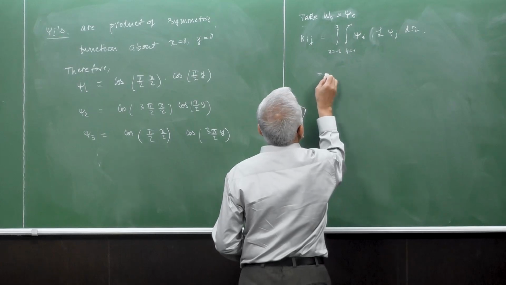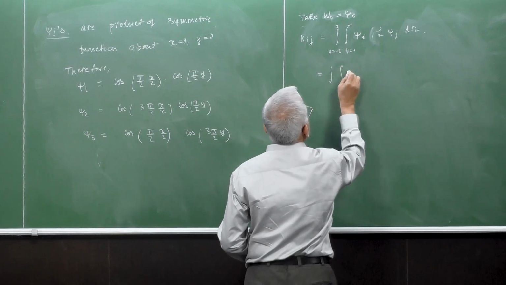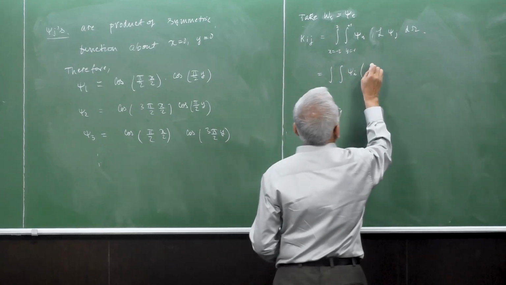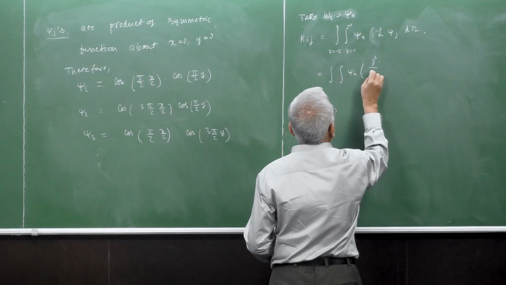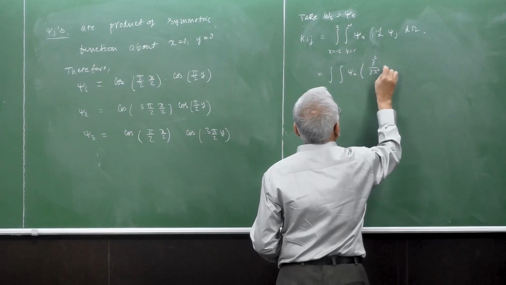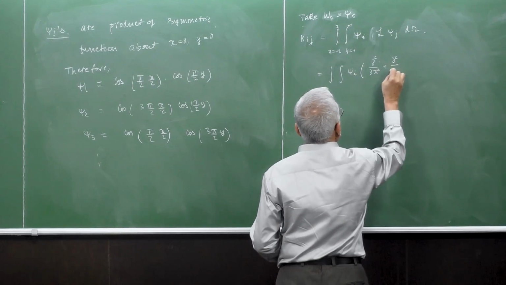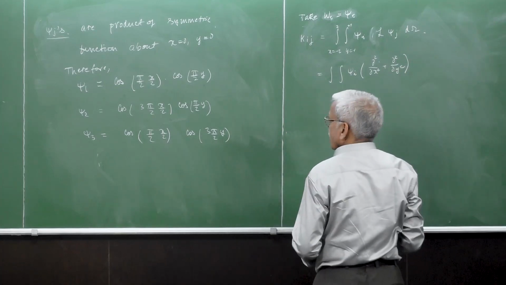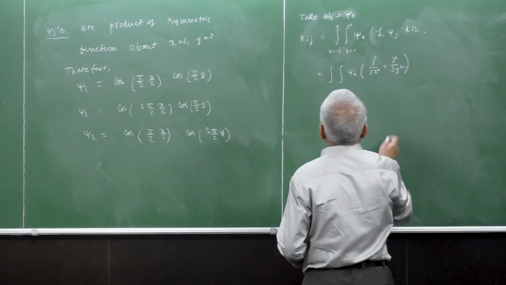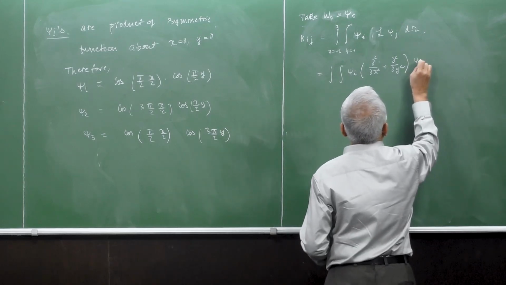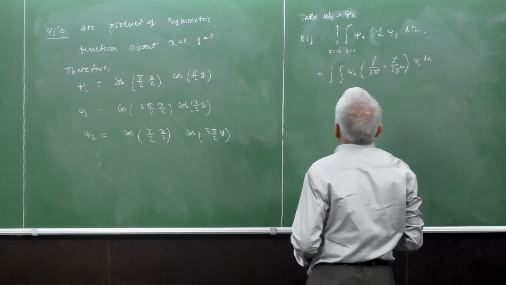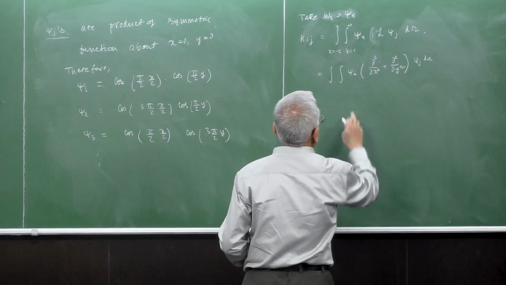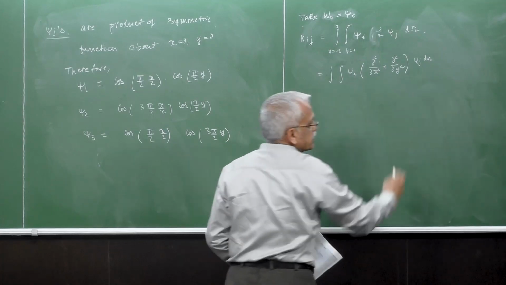Let's try to expand this further. L is nothing but the second derivative with respect to x squared. Depending upon what we require, for K11, we use psi 1 and psi 1 here.